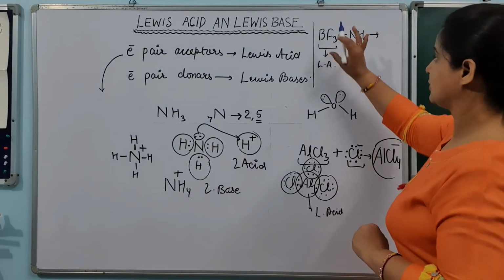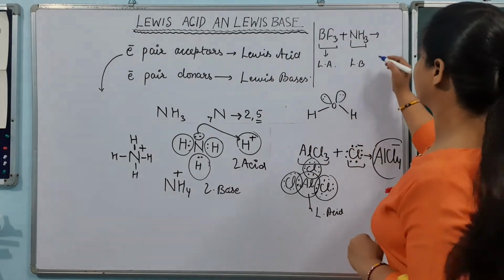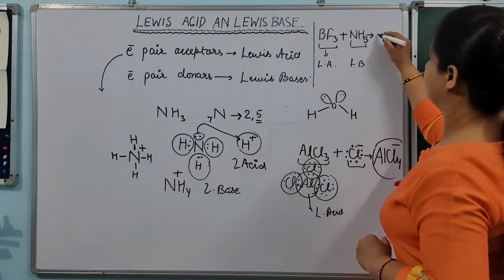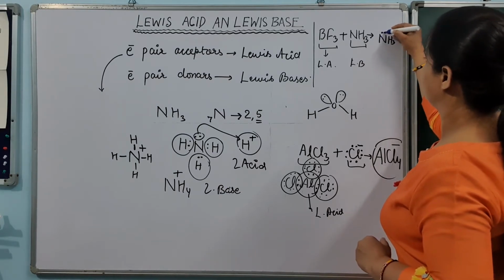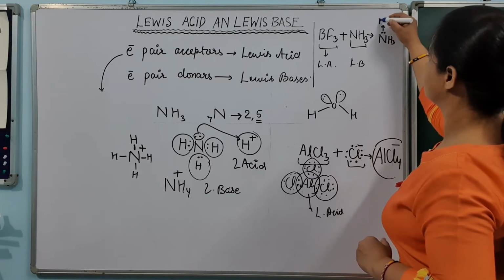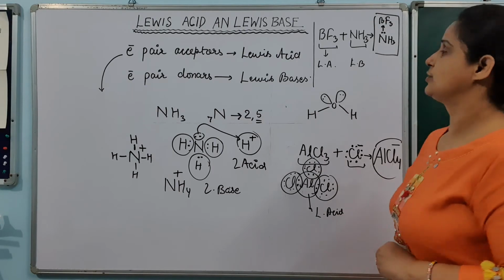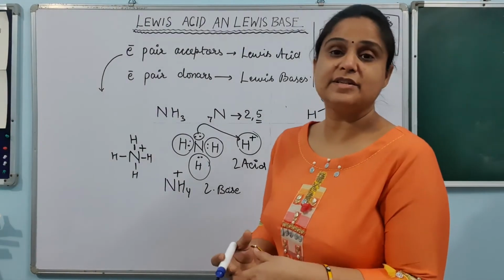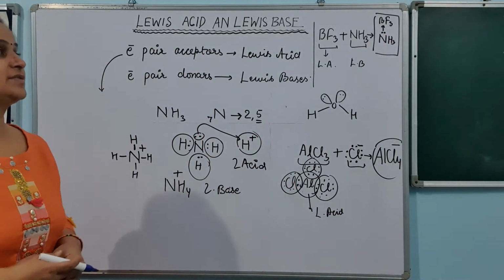When these two combine, this will donate its lone pair of electrons to the boron, and this will form, look at this, NH3 with its lone pair donated towards BF3. So this is going to be formed this way. These two species, base and acid, will exist together to form a salt-like structure. So this is how they are satisfying each other.